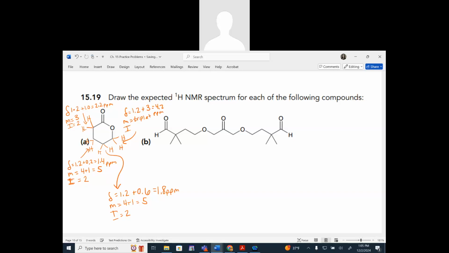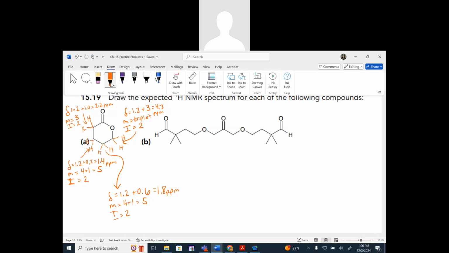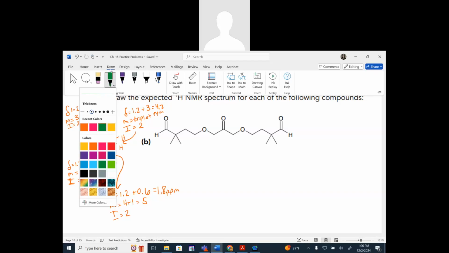And then our intensity is once again for 2 protons. So the integration is the same for all 4 signals, and the shift should be seen at those delta values calculated, and then the multiplicity, again, dealing with the n plus 1. We know based on the neighbors how many peaks we should see in each of our signals.